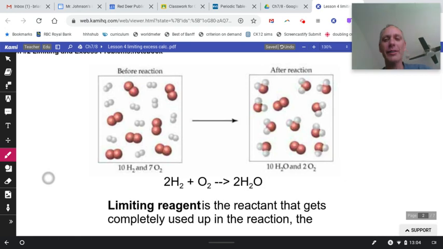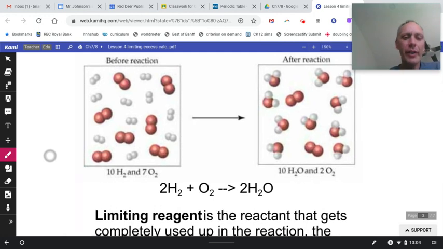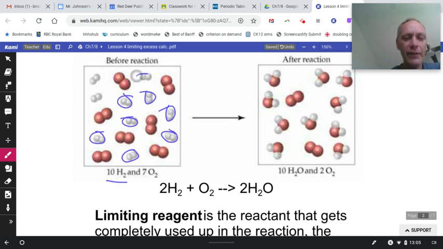So now we're going to look at some chemical reactions. Okay, so in this diagram, this is showing it to you as a model. We have 10 hydrogens. That's these little guys. 1, 2, 3, 4, 5, 6, 7, 8, 9, 10 moles of hydrogen. And we have 7 moles of oxygen in red.